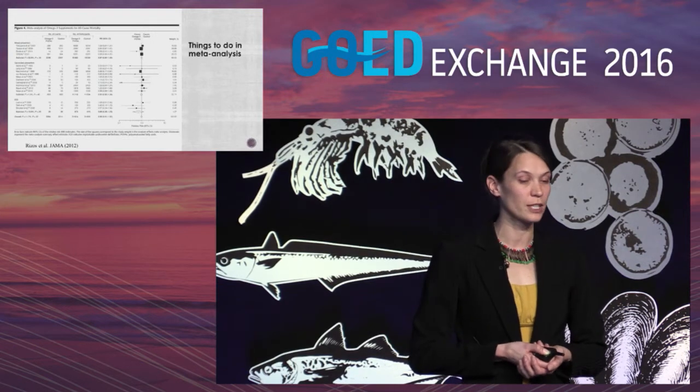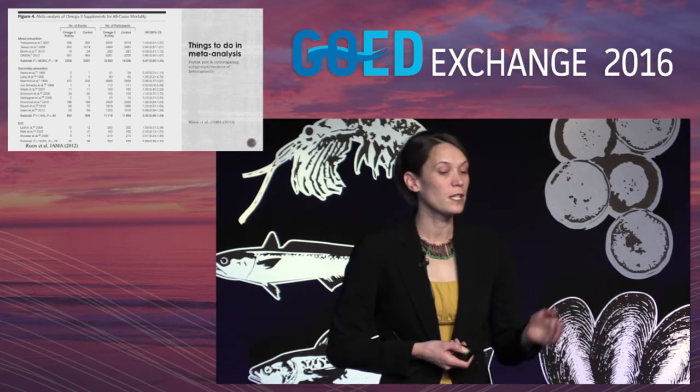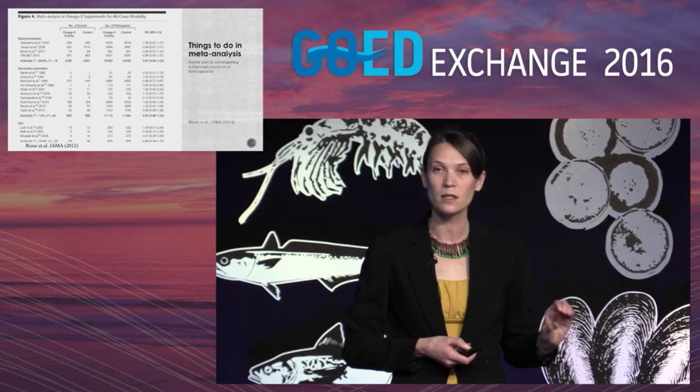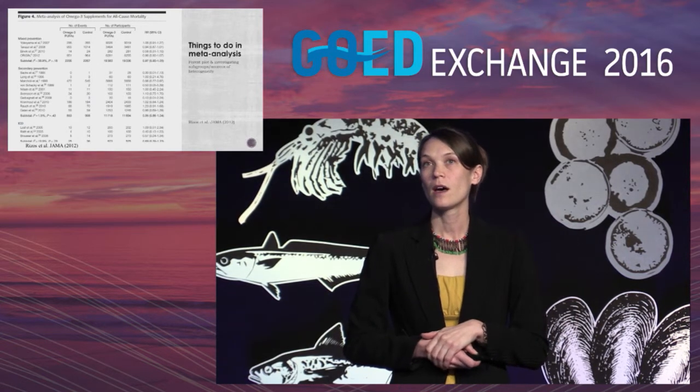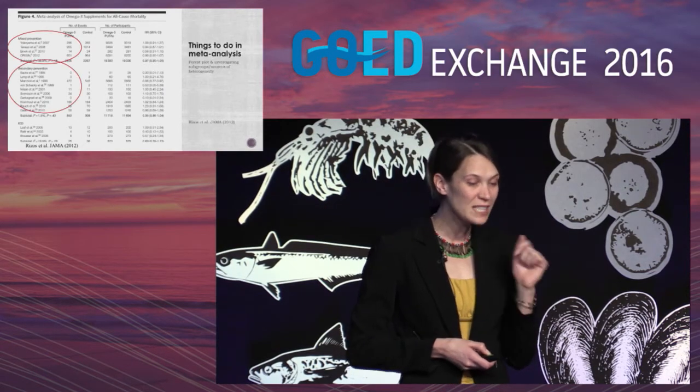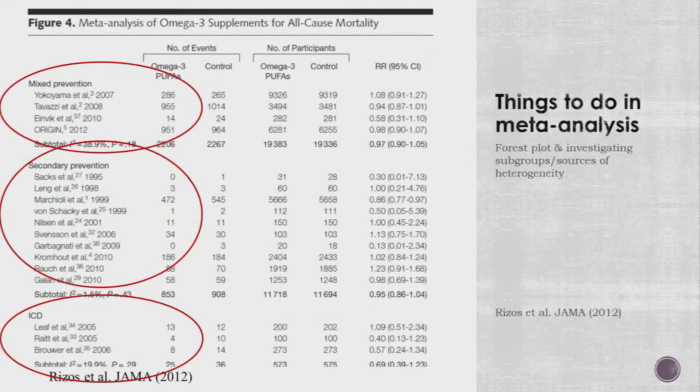So let's take a closer look at this. We notice in this forest plot, there's kind of three groupings of papers, and they're labeled mixed prevention, secondary prevention, and ICD. Okay, this is part of investigating possible sources of heterogeneity, right? So mixed prevention settings versus secondary.